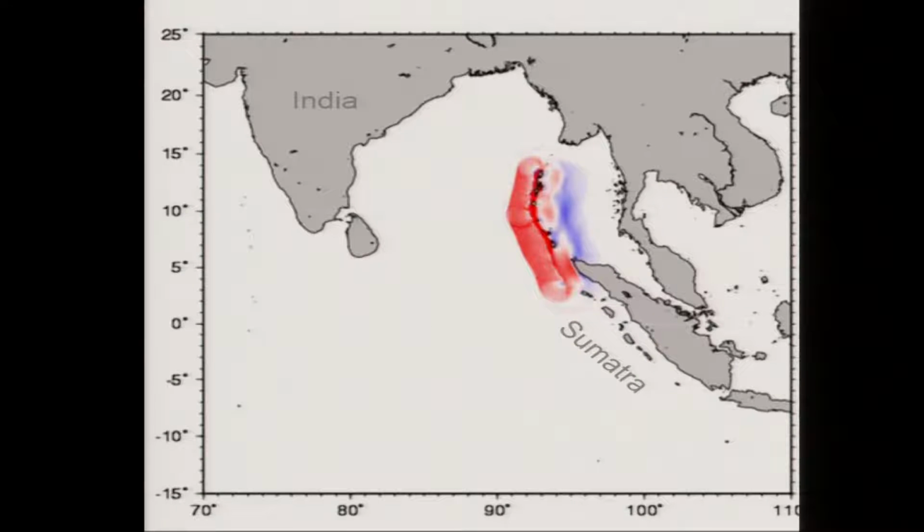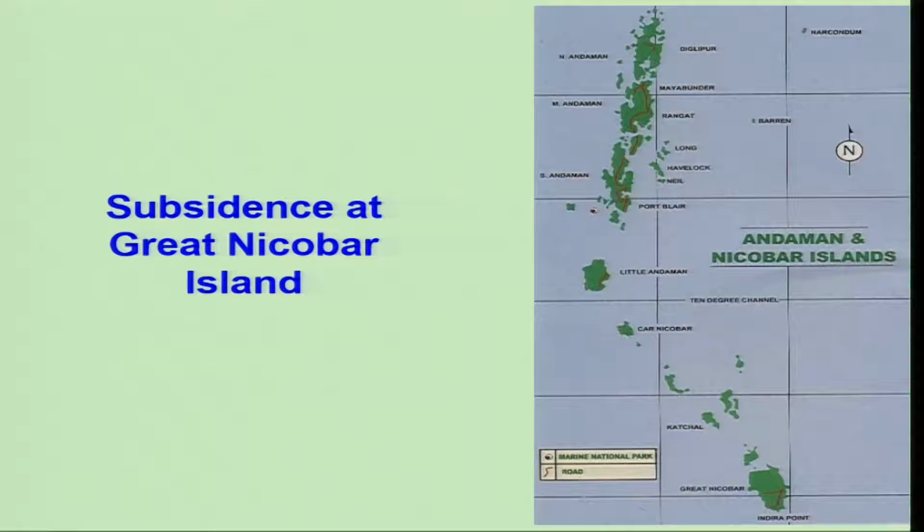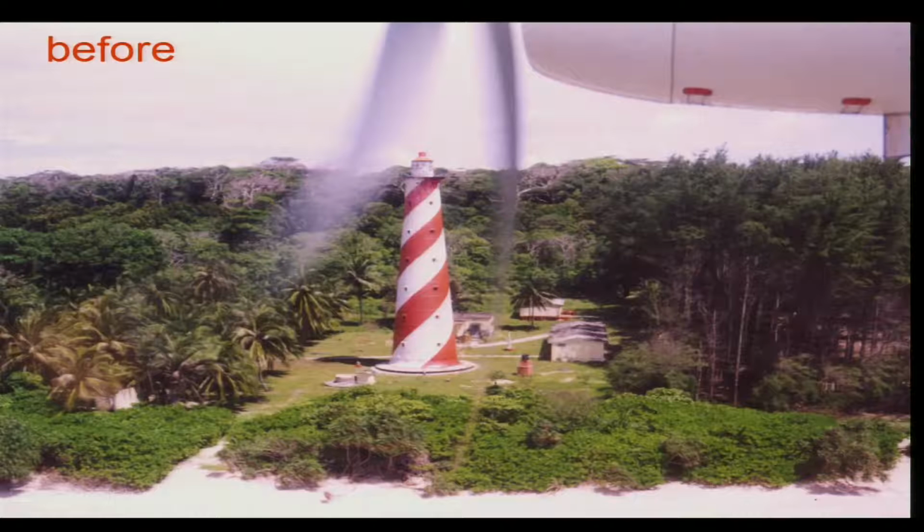So, the west side uplifted and the eastern side subsided. Coming to this part, that is the southernmost tip of India, what we call the Indira Point or Great Nicobar region, what we found was the subsidence was around 3 meters.